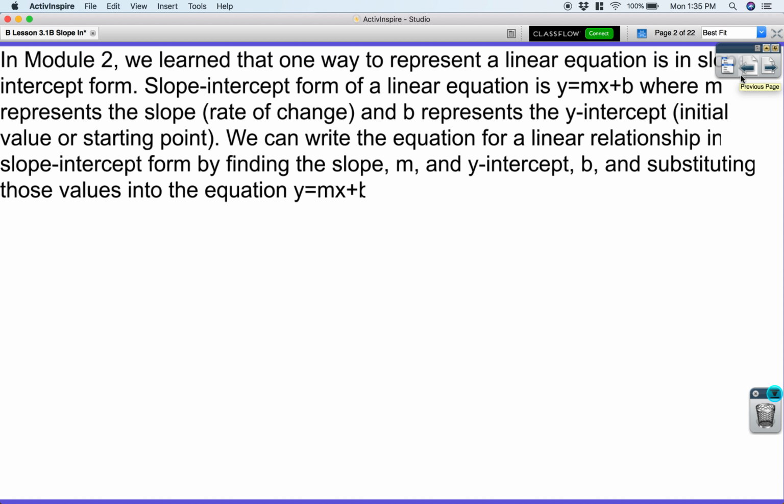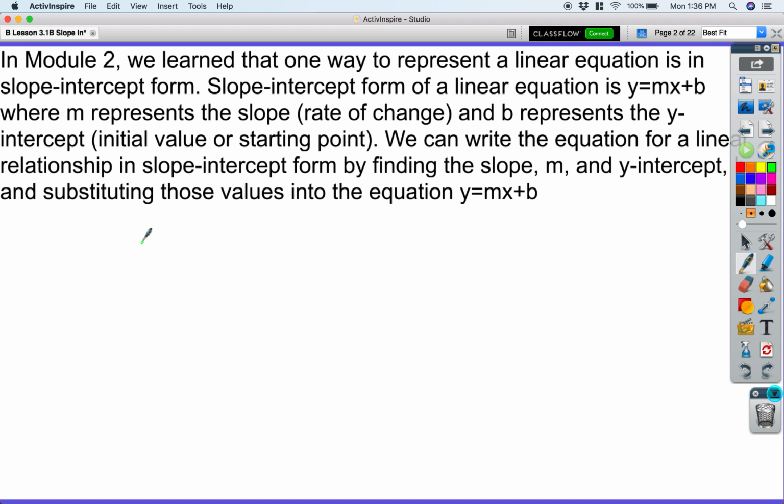So what that is saying, guys, is I might give you two things. I might give you the slope, I might just tell you what it is, and I might tell you what the b value is, or y-intercept. What you need to do is come up with the equation y equals mx plus b. Now I want you to realize that this equation will always have your y and your x, just y and x.